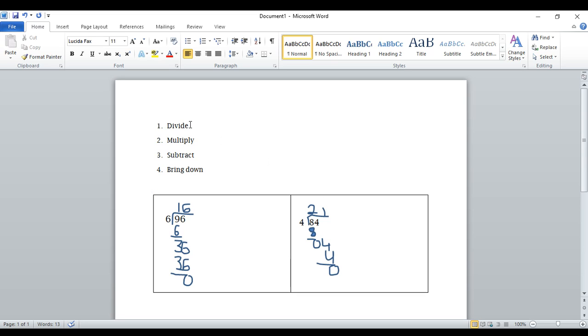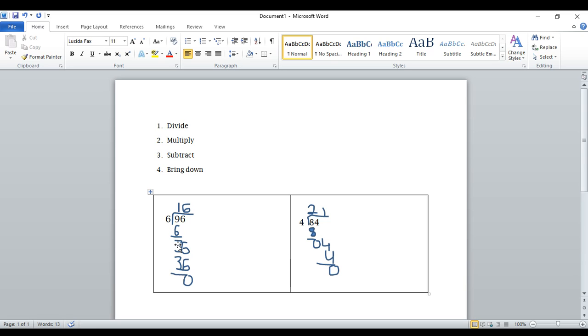So remember, we divide, multiply, subtract, bring down. You continue to do those steps every time until there's no more numbers to bring down. We always multiply the number up here by the divisor. And then when we get that answer, we bring it down here.